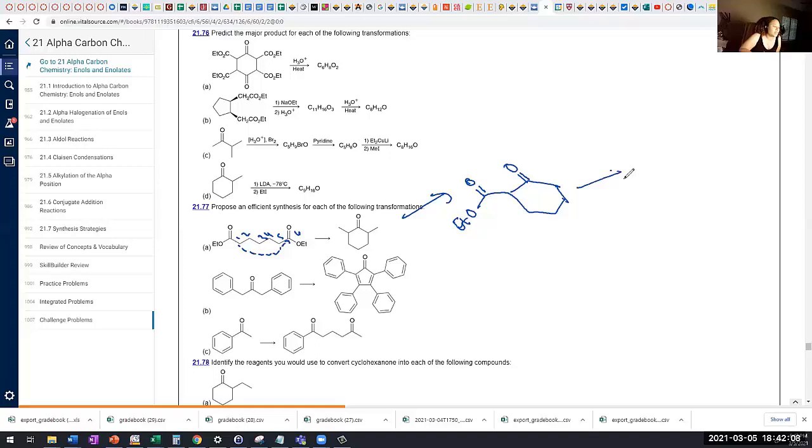And then what we can do is an alkylation at this position right here. So if I were to take methyl iodide and some sort of base, something like sodium ethoxide, and then methyl iodide, I'm going to end up with this thing.